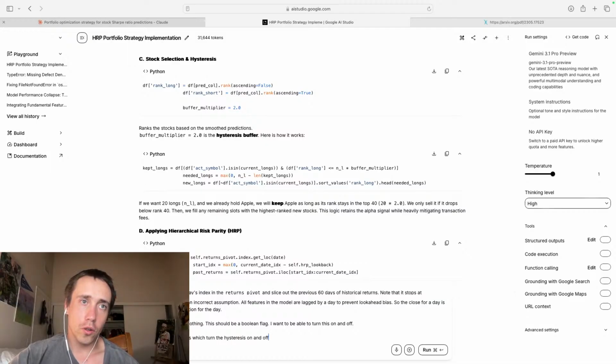De Prado, our hero. There should be inputs which turn the hysteresis on and off, and also which calculate the buffer multiplier.